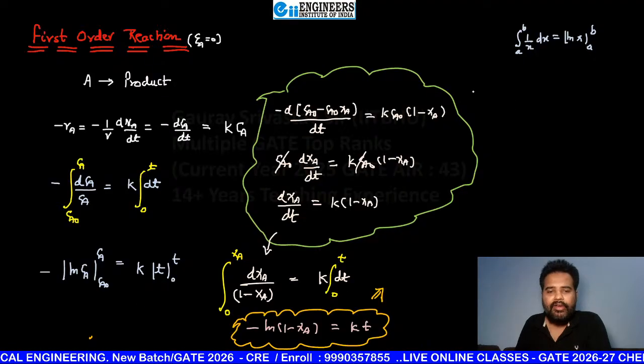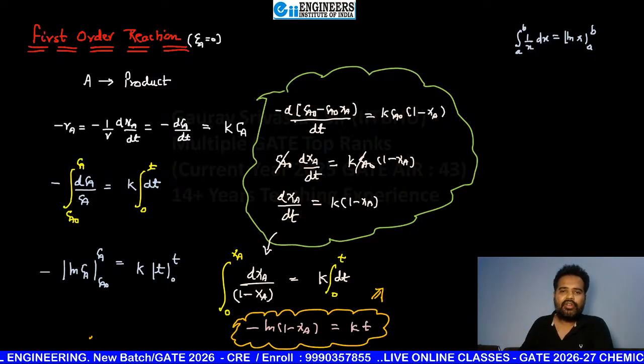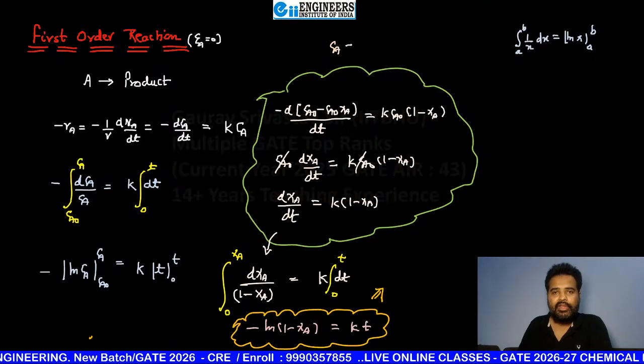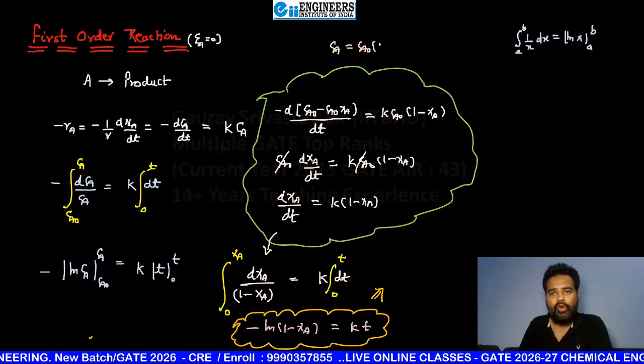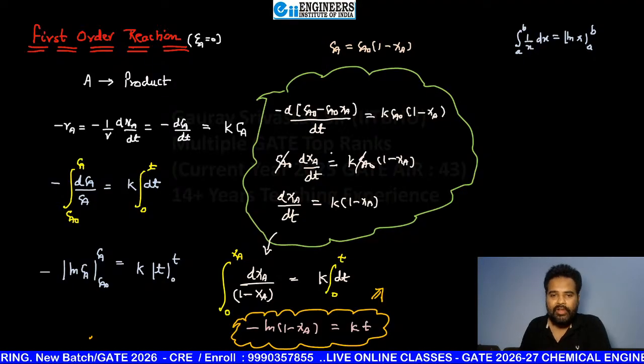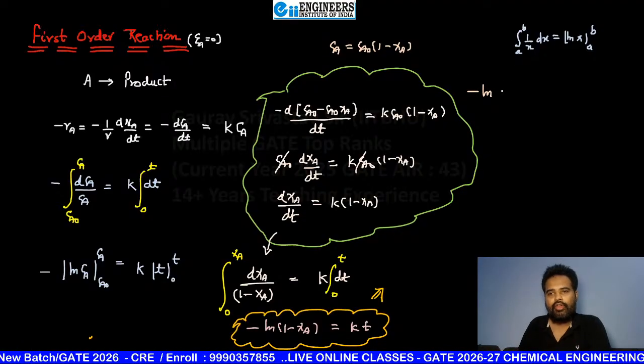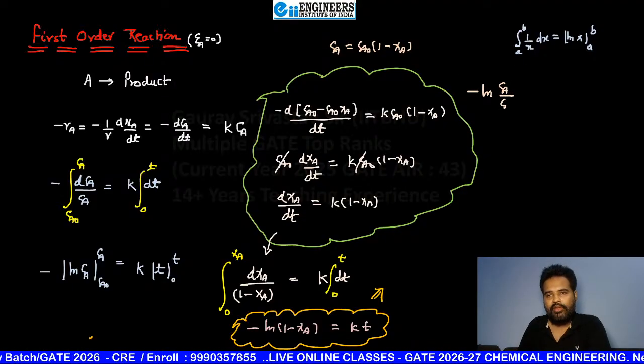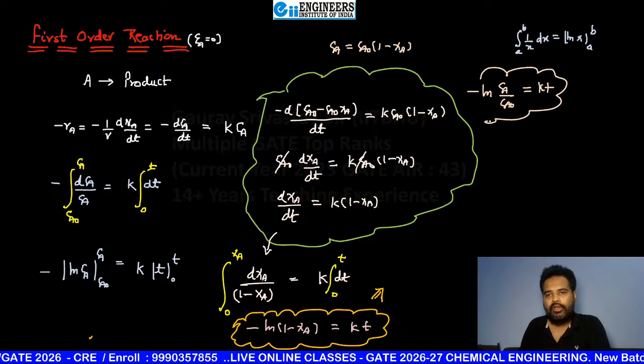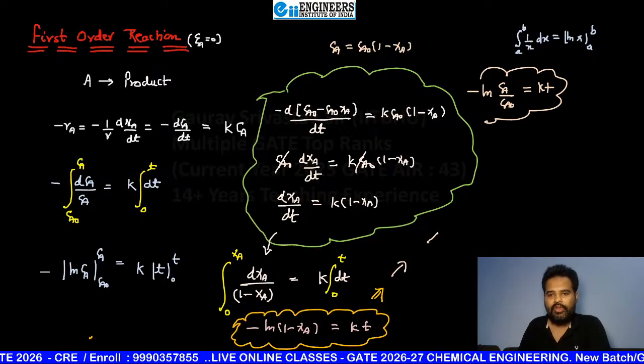I can write Ca equals Ca naught (1 minus Xa), so in place of 1 minus Xa, I can write Ca by Ca naught. So minus ln of Ca by Ca naught equals kt. Oh my god, this equation is also the same as what you get from the other equation.